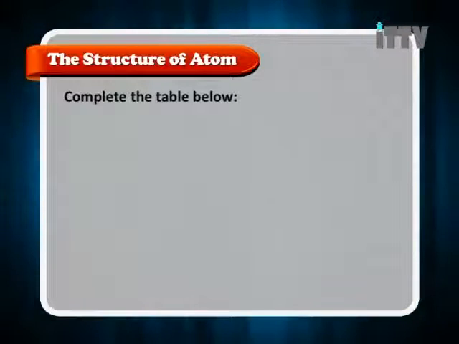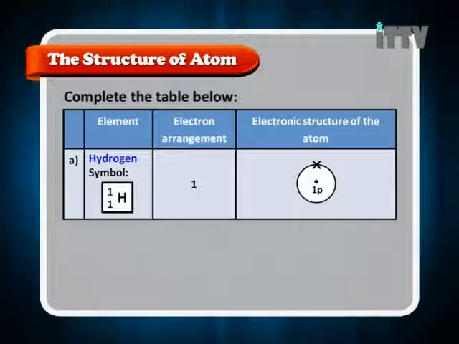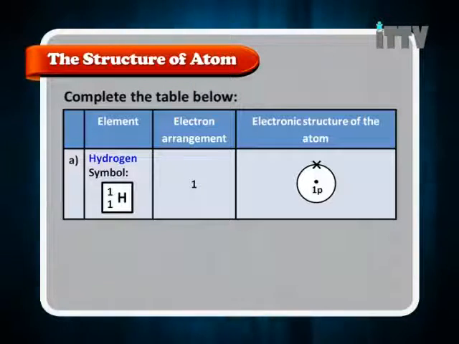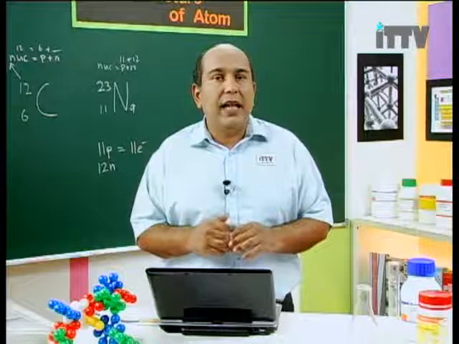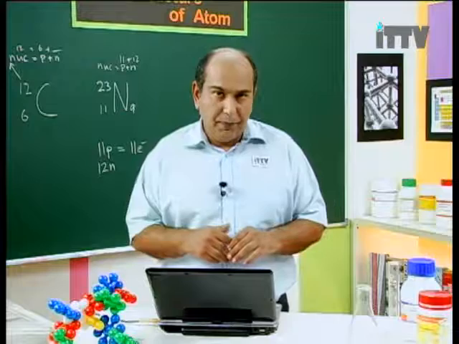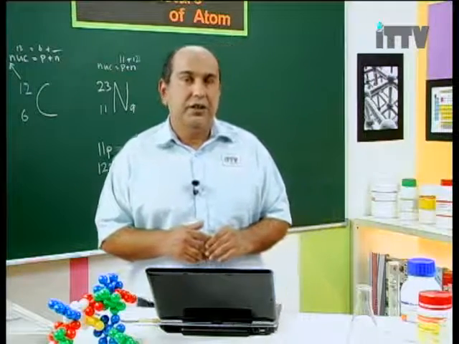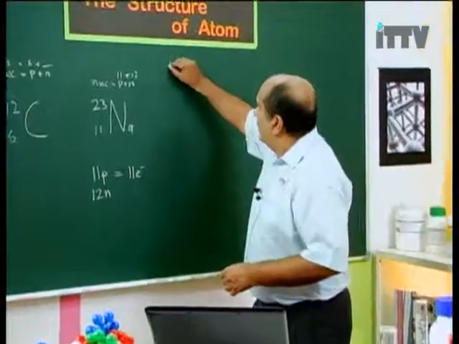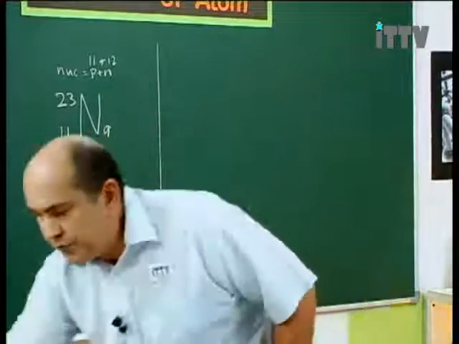Complete the table below. Hydrogen has the following symbol, H. Hydrogen has 1 proton. That's it. Which means it only has 1 electron. So if you were going to draw the atom of hydrogen, you would draw something like this. Let's just rub this off because we need the space.